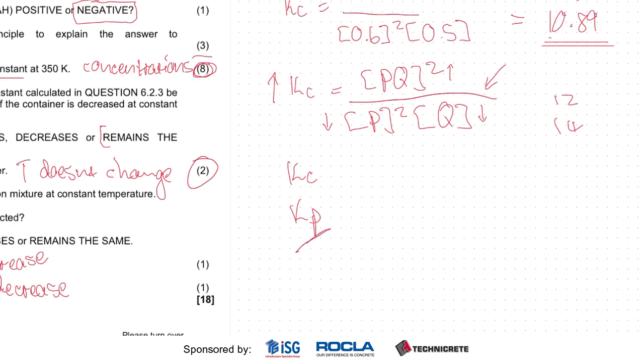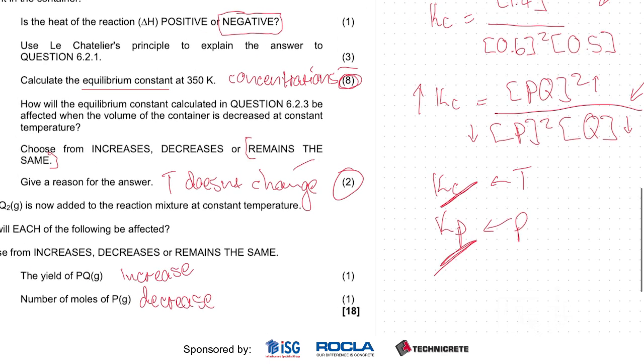So Kp is a function of pressure, and Kc is a function of concentration. And technically, they are saying that temperature is the only thing that can affect Kc, and not changes in pressure. If we were calculating Kp in terms of partial pressures, then pressure would affect Kp. And I guess that's the logic they want you to use to arrive at this answer. But I'm telling you, technically that's not correct.